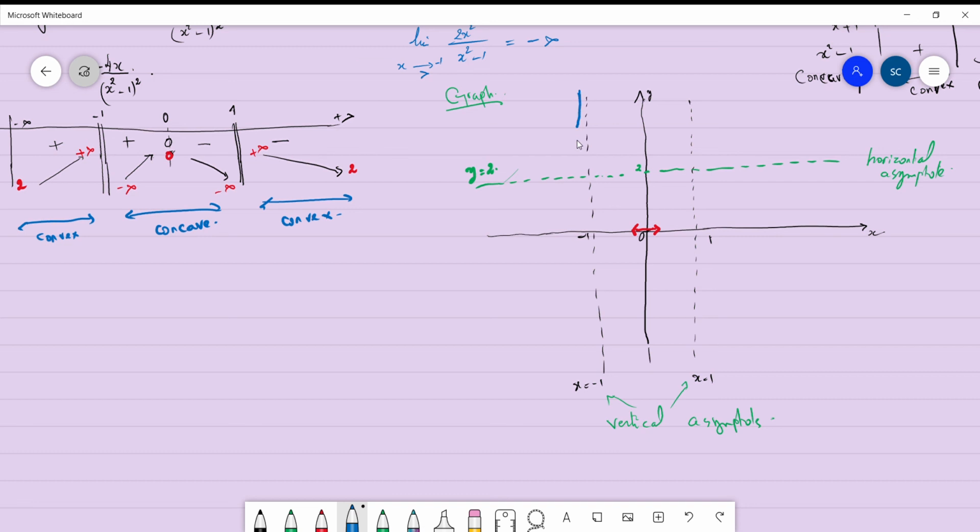Now here I am close to 2, but I'm not sure whether I will start above 2 or below 2. So to see that, we need to explore the intersection of the graph with the asymptote, the intersection of the graph and y equal 2. So this is a problem. Sometimes you need to explore.